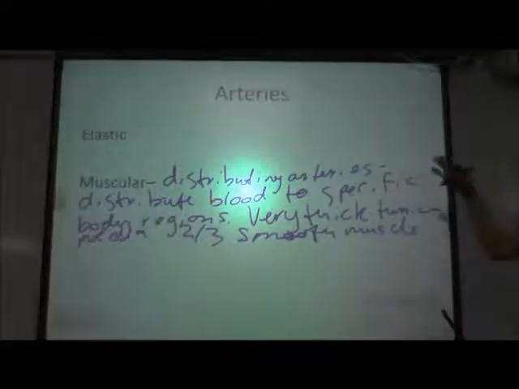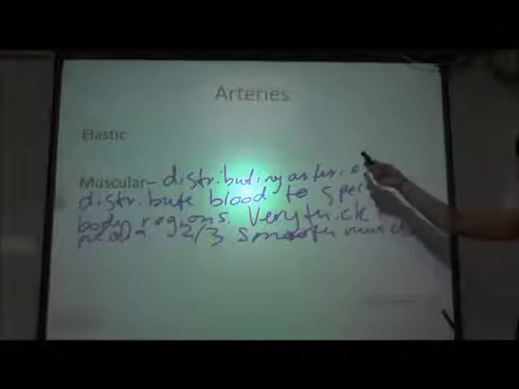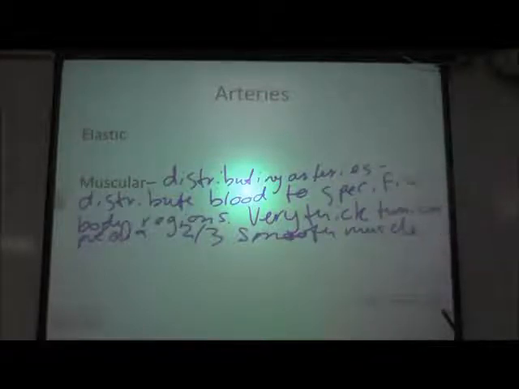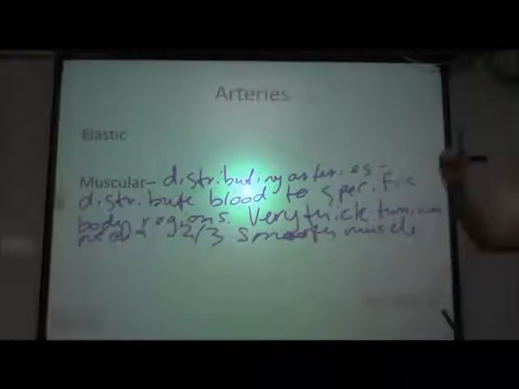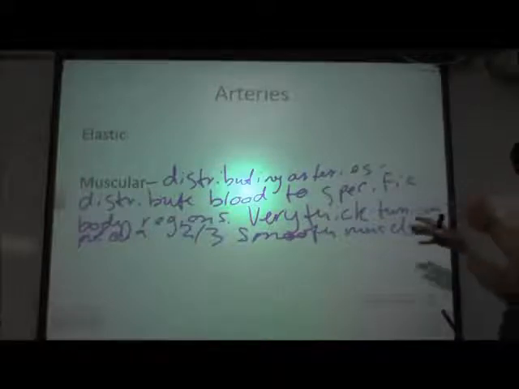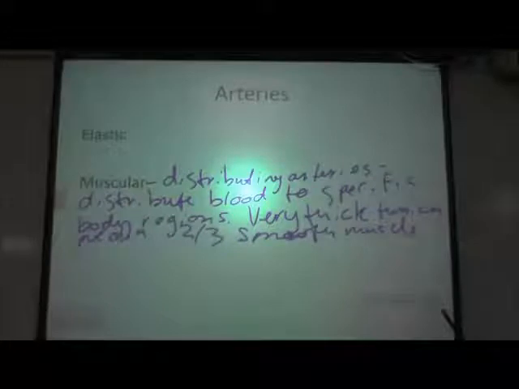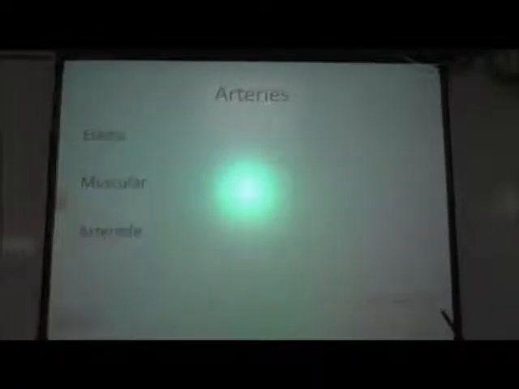If you think about where blood is going, our elastic arteries are like highways, and our muscular arteries are like exits off the highways that are taking you to a specific body region. And then our last type of artery is kind of like the street that'll get you to exactly where you're going. So if we're good on this, let's talk about the next kind of arteries, which are called arterioles.